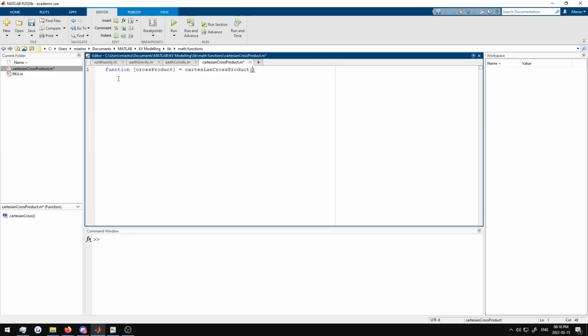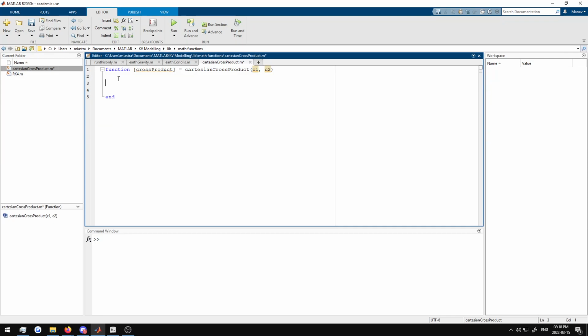Cartesian cross product. C1 and C2 are the two vectors that we care about. This is the way I did it earlier, and I made no mistakes.